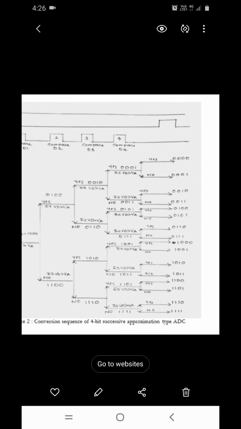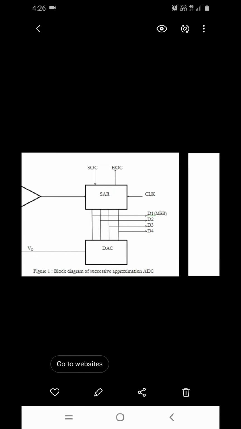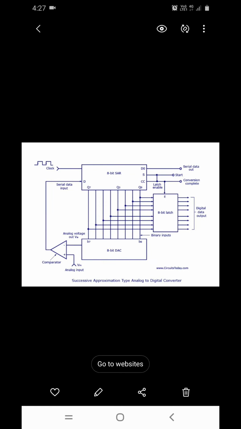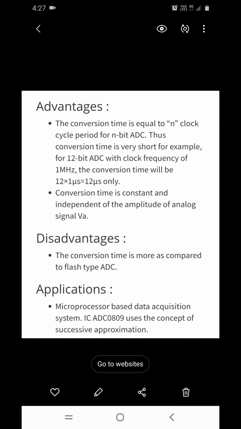If it is less, then it keeps the MSB 1 and it is 1100, and the procedure continues, and at last you will get these outputs. After completion of all the bits, the latch is made high and you will get the output from the latch.